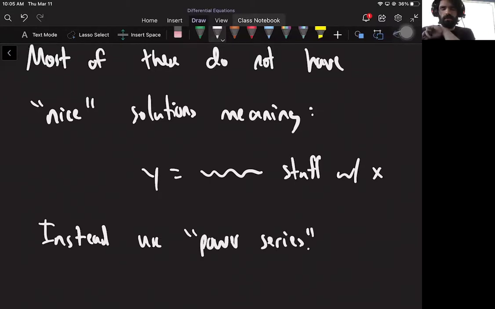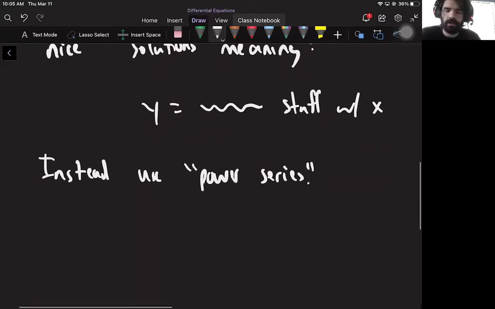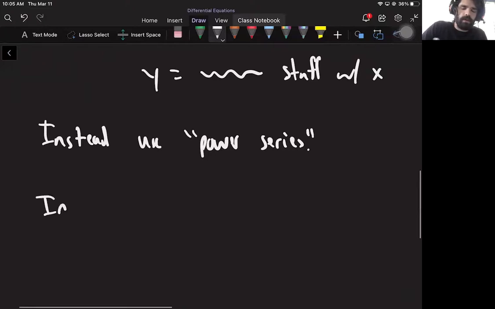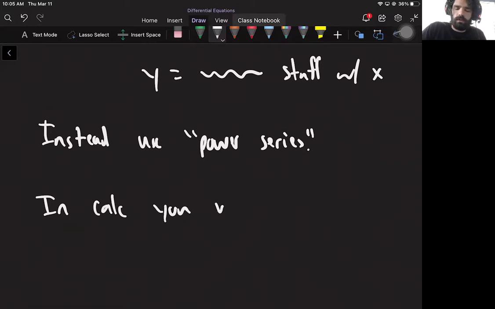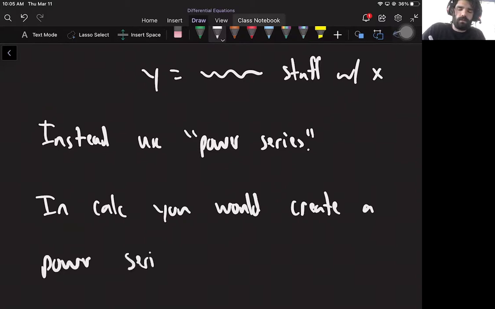So let me just remind you of the idea of power series from a long time ago. In calculus, you would create a power series for a function that you already knew.